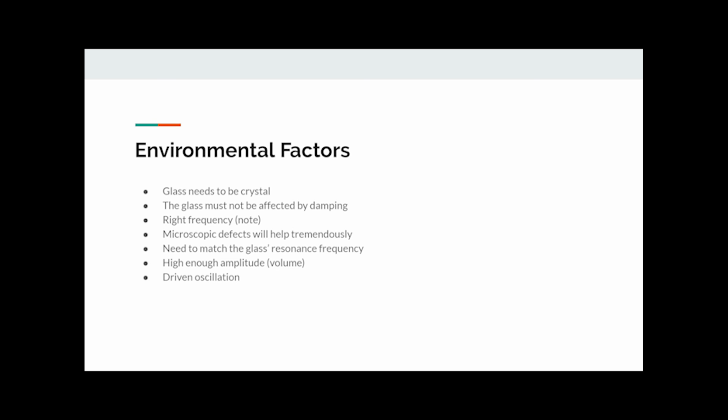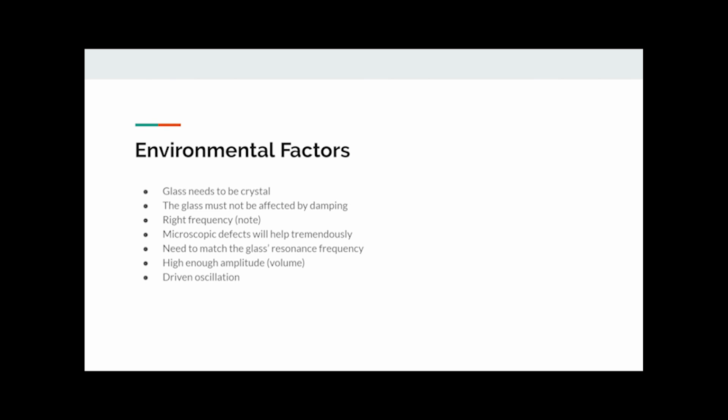Driven oscillation is my sixth point. For the driven oscillation, the glass will try to move in its vibration further and faster than the material in the glass is able to move, and the glass will break under the strain. And yeah, I'm going to go back to the frequency and the amplitude.